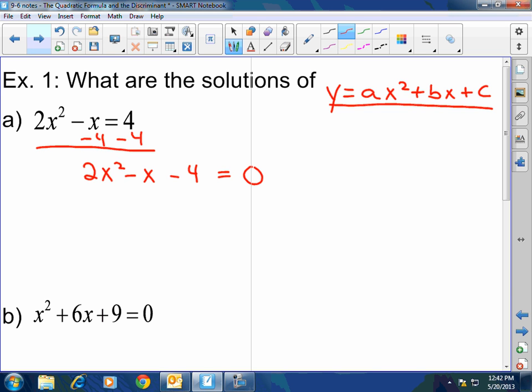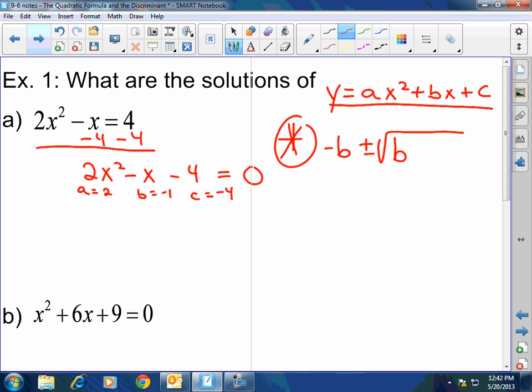Let's first label our values. A is 2, B is negative 1, and C is negative 4. So I'm going to go ahead and plug into my formula. Remember, the formula is negative b plus or minus the square root of b squared minus 4 times a times c, all of it divided by 2a.